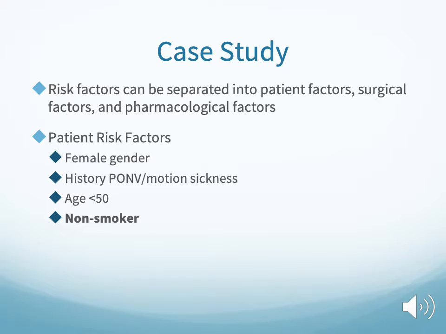Smoking is thought to be a protective risk factor due to the desensitization of the chemotriggering zone. As you age, the risk of PONV decreases, so with this case study being a geriatric patient, it decreases his risk. Females experience post-op nausea and vomiting 2 to 3 times more often than males.